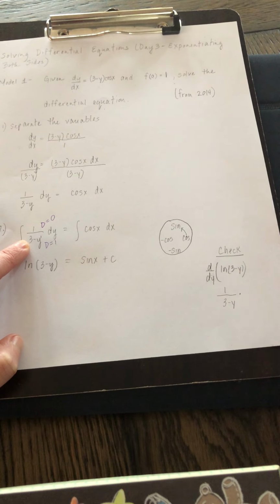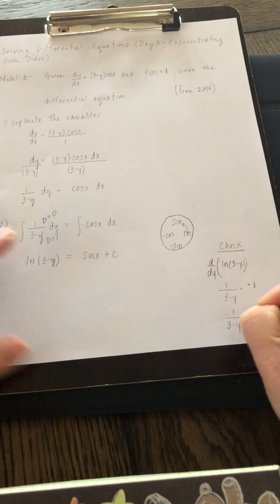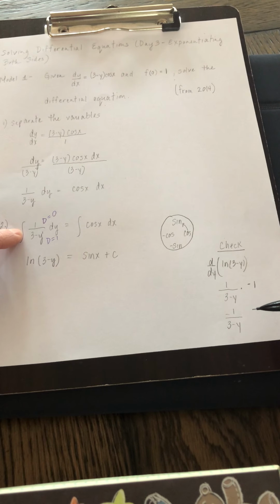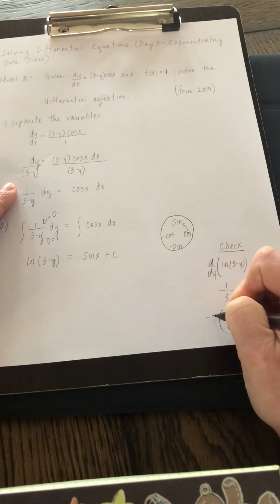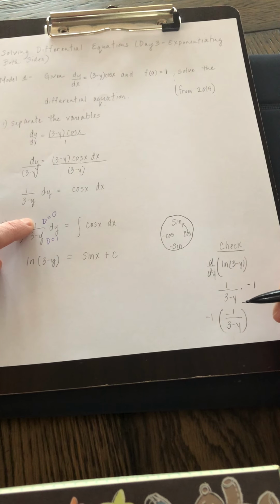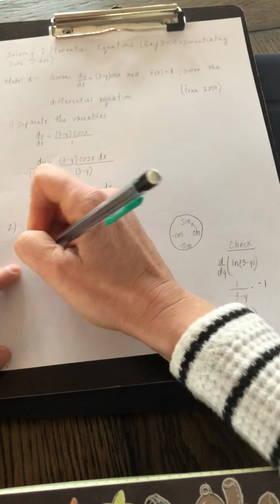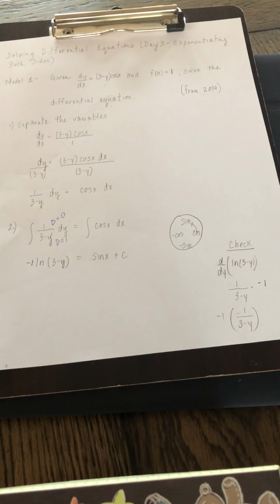So since we're in terms of y here, the derivative of 3 is 0. The derivative of negative y would be negative 1. And if we were to simplify that, we are going to see that our derivative is just a little bit off. It's off by a factor basically of negative 1. If we multiply this by negative 1, we would get the positive 1 that we need.